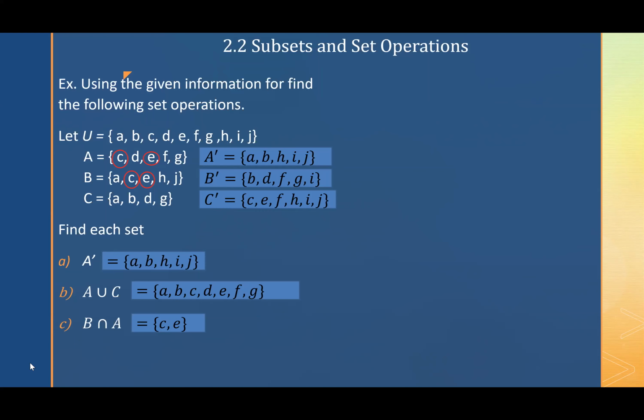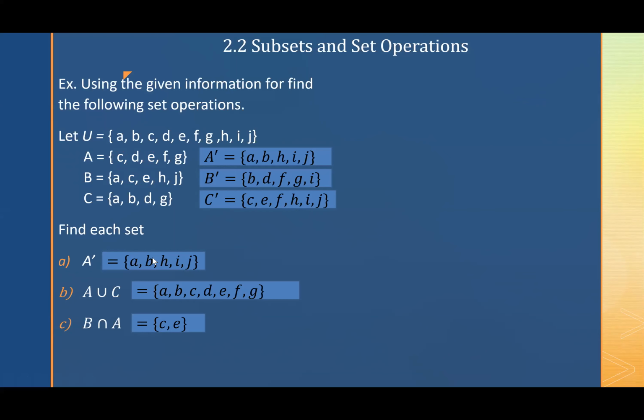So again, looking at this, the question is A complement, B union, C intersection. And again, you have to know how to translate the symbolic to the English.